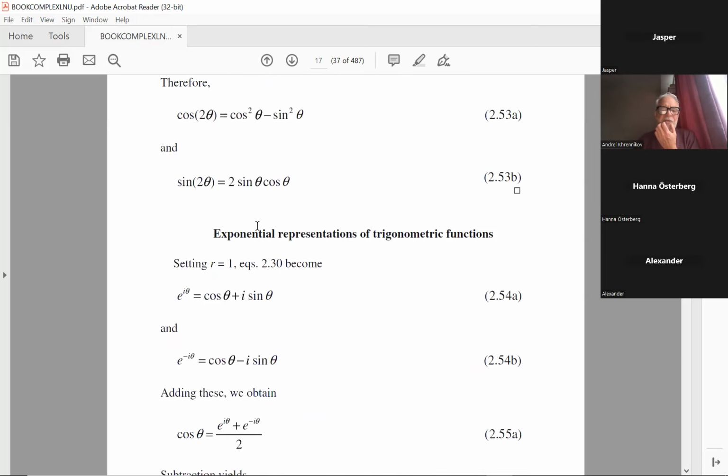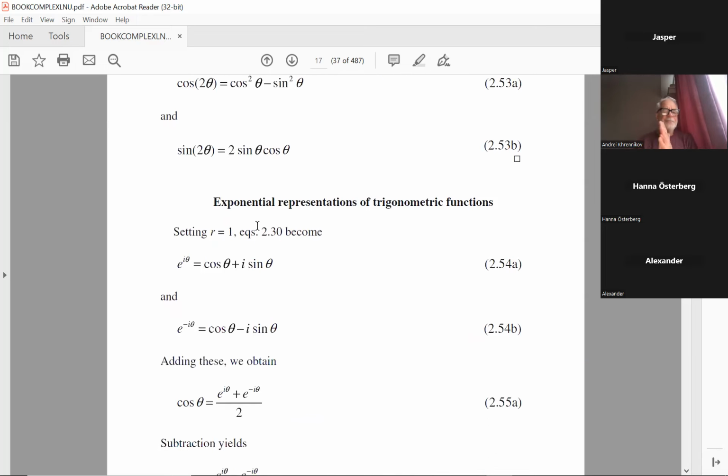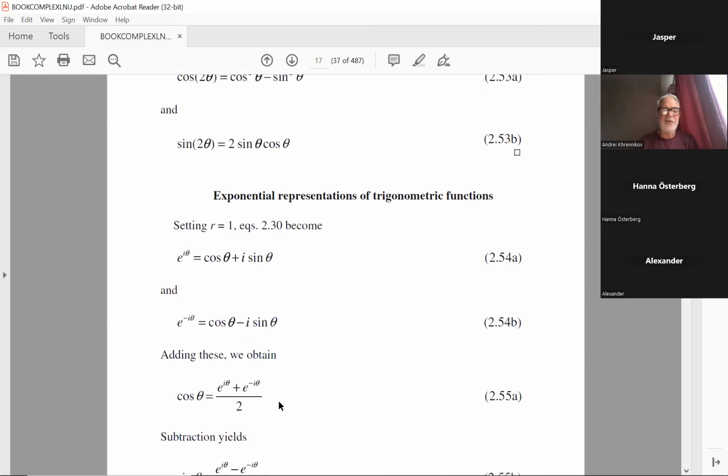Exponential representation of trigonometric functions. Now look, if you have this Euler formula and we take the conjugate, there is a minus, so we get this. Now let us add these two equalities, and we get that cosine is represented in this way.